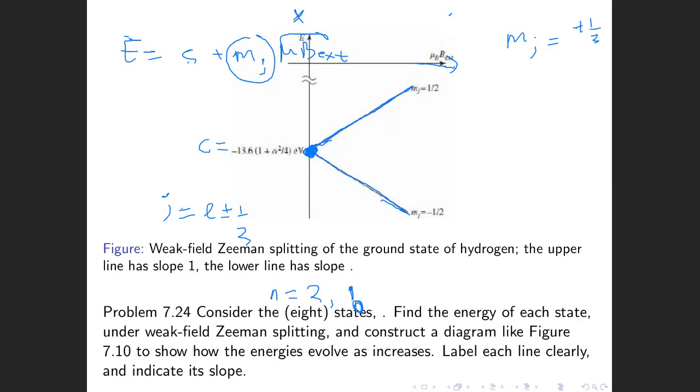So let's start with the states with L equals 0. So you get J equals half, and m_j is half and minus a half.